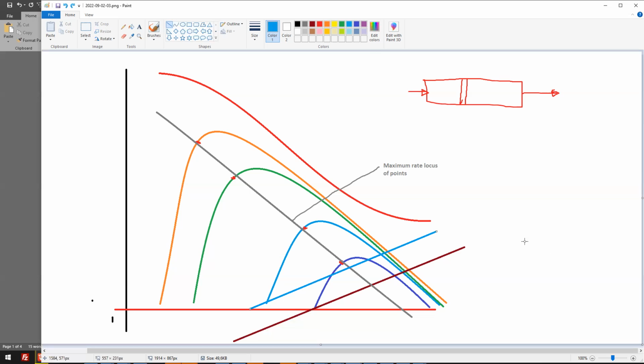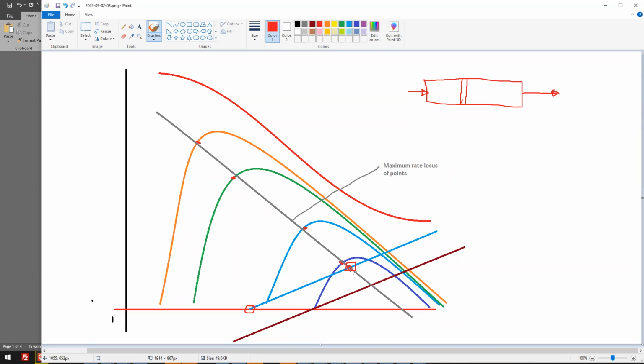So if your maximum rate path is here, we know this is the point where we have the maximum reaction rate. If this is our starting temperature, and if that's the gradient of our line, this is the highest reaction rate we will accomplish. Then would you stop at this point, right?